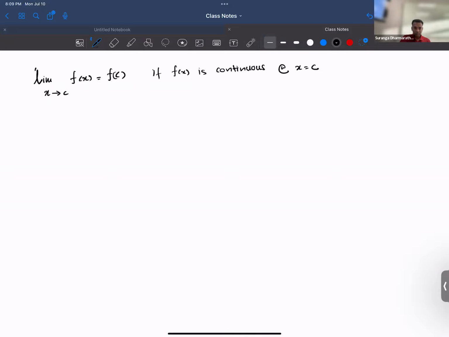Now, let's see whether we face any problem. If you have the function f of x equal to 1 over x squared, what kind of function is this? It's a rational function.